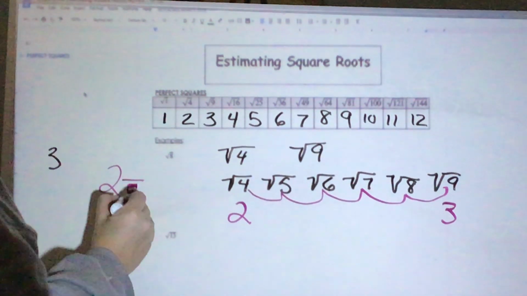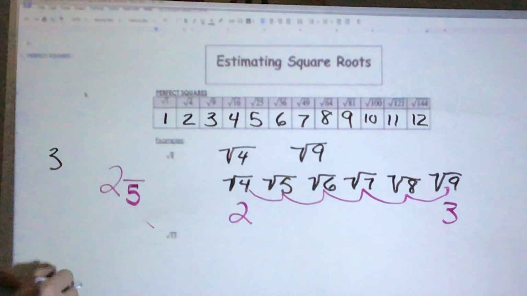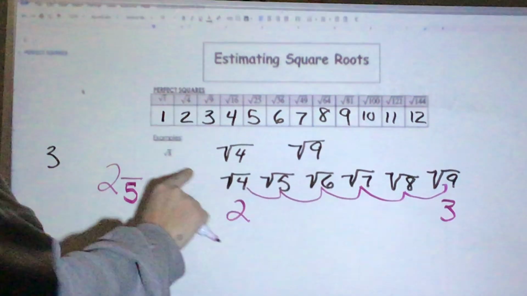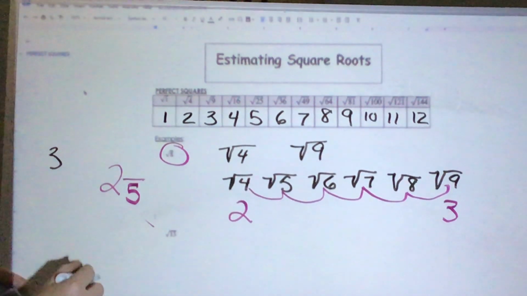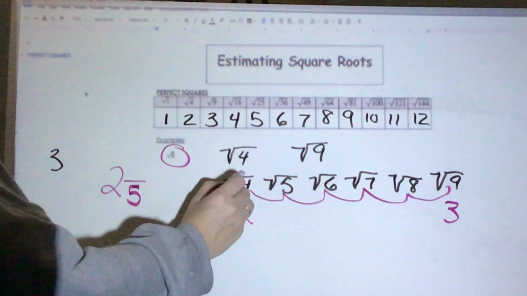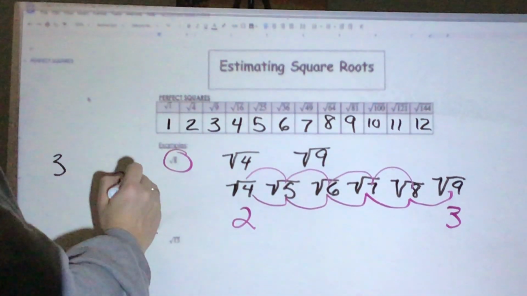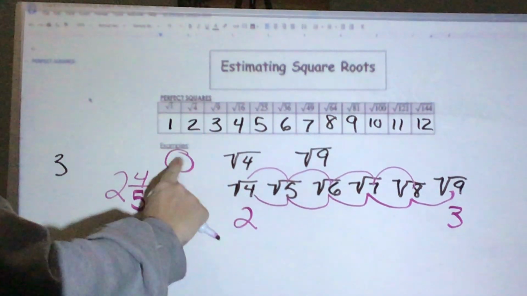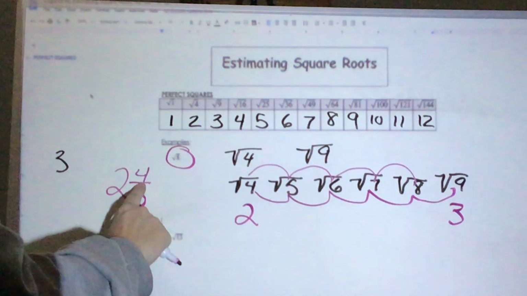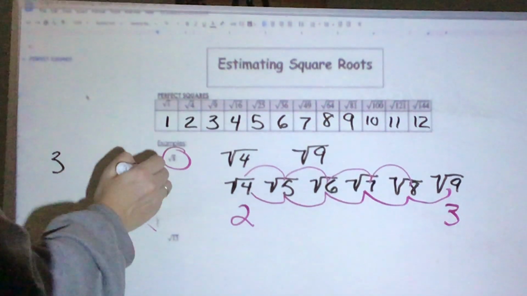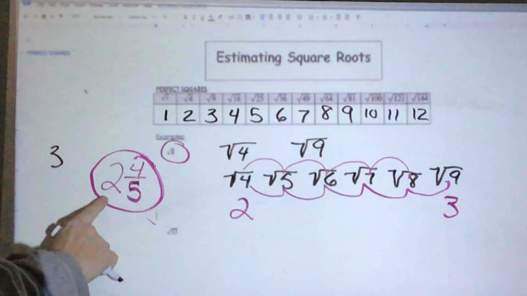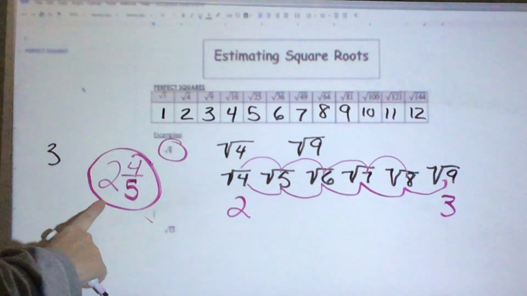That's my denominator. To get my numerator for my mixed number, I want to know where 8 falls in that list. So to get from 4 to 8, it's 1, 2, 3, 4 spaces. 8 minus 4 is 4. So my mixed number estimate for the square root of 8 would be 2 4/5.